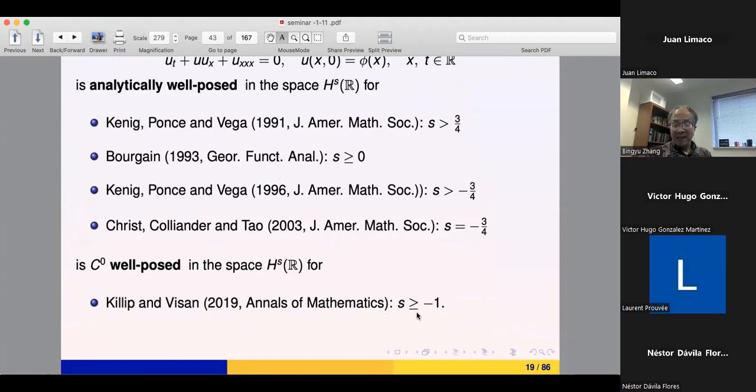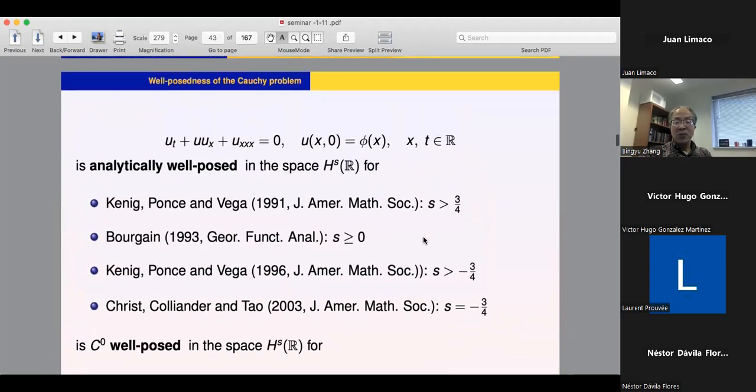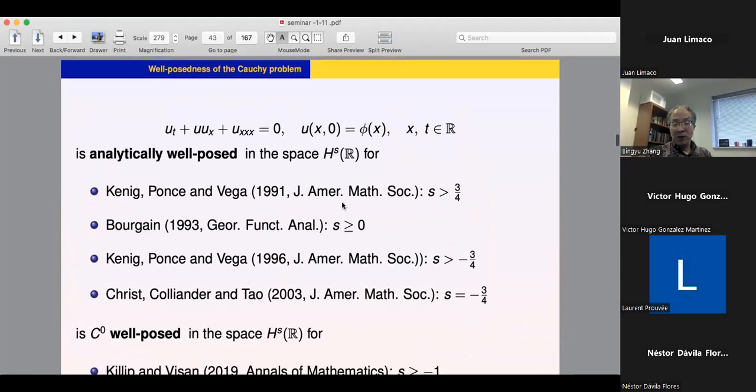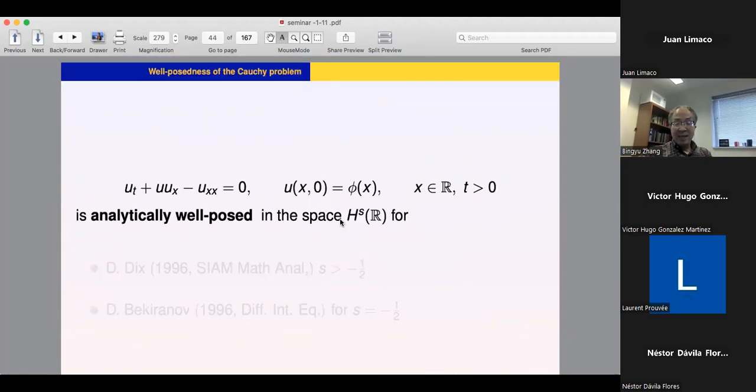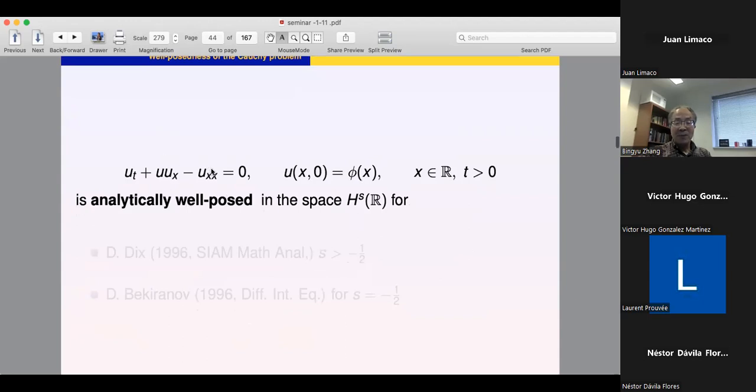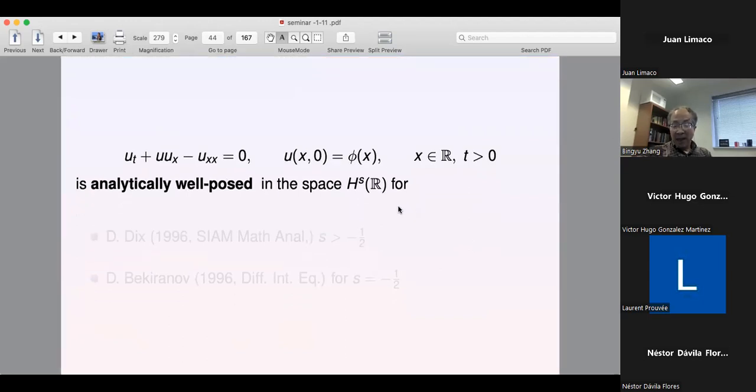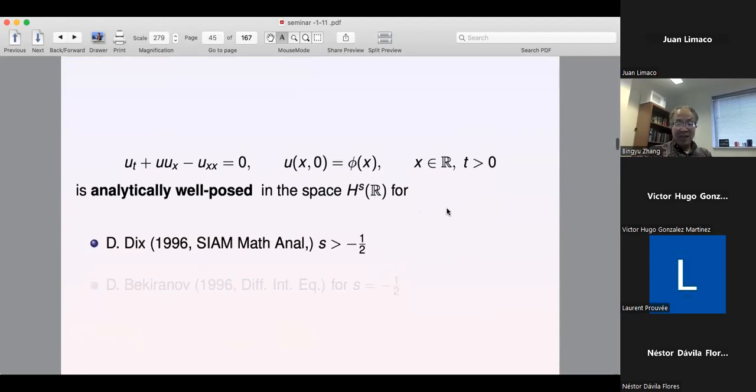This settles the study of this problem, because for any s less than -1, we know that it is ill-posed. So this is the Cauchy problem for the KdV equation. Next, let's consider the Cauchy problem of the Burgers equation. Back in 1996, Dix showed that this is analytically well-posed in the space H^s(R) for any s greater than -1/2.